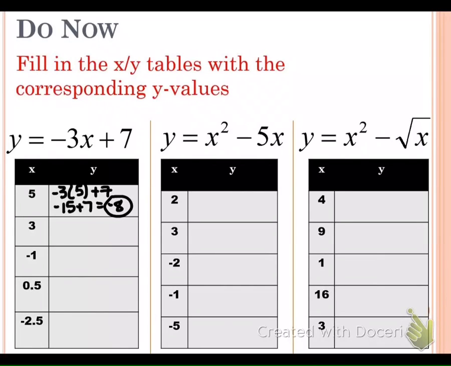So we're looking at inputting values to these. The next one we're going to get here is negative 3 times 3 plus 7. So negative 9 plus 7, negative 2.